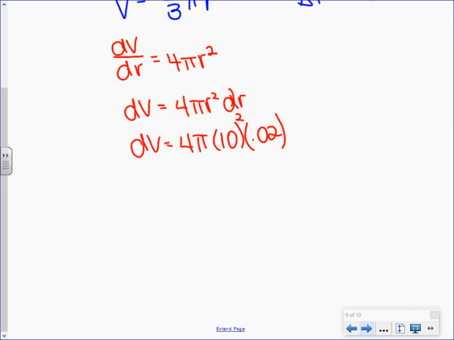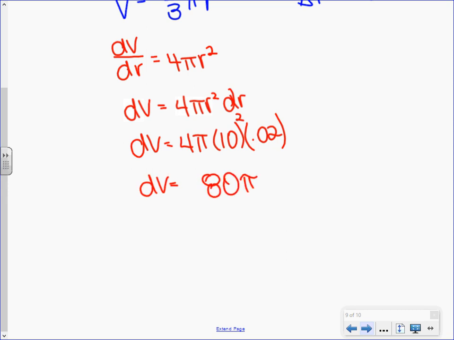Now remember, the whole point of this is so that we don't use our calculator. If we had our calculator, we wouldn't need a tangent line. So what is 10 squared, times 0.2, times 4? So we have 80 pi.